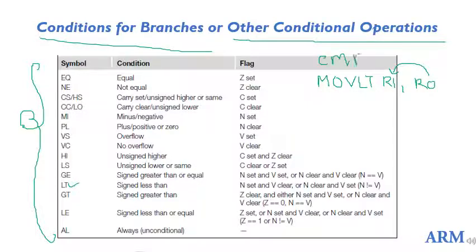The compare instruction is going to modify the status of the flags. So if the condition for less than is satisfied, then the transfer of R0 to R1 will take place. That is the meaning of this. That is why I told these are the conditions for branching instructions as well as for other conditional operations.